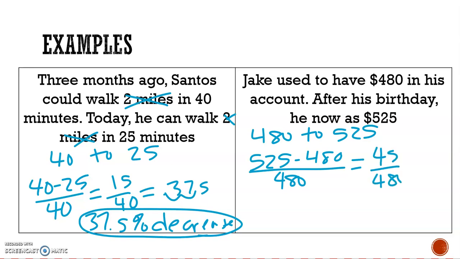Bring over that 480. And then 45 divided by 480 is 0.09. So when I move that 2 spots, this is 9%. And if you went from 480 to 525, that means it's a 9% increase.